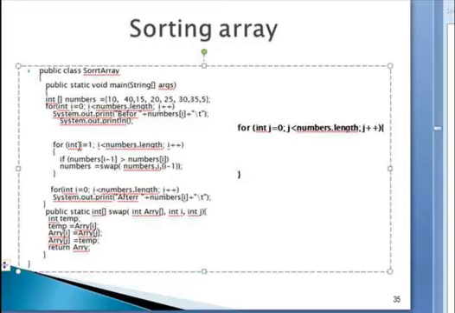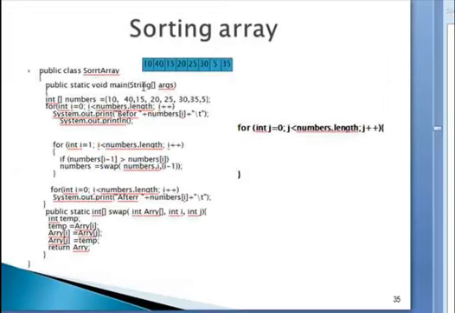I'm going to say for int i = 1, i less than number length, look at the content of i minus 1. If i is equal to 1, look at the content of index 0, and if the content of 0 is greater than the content of 1, if 10 is greater than 40, then swap it, otherwise don't do anything.